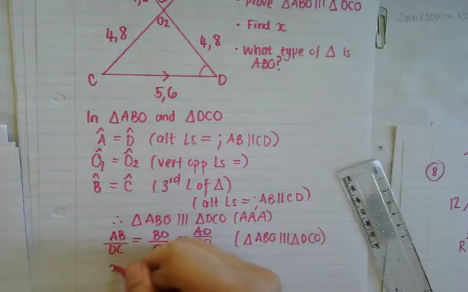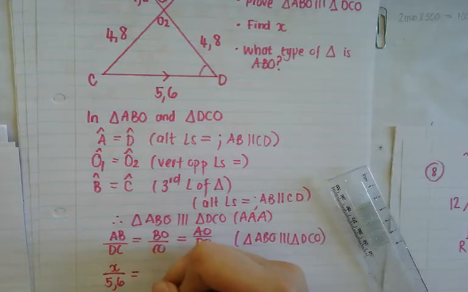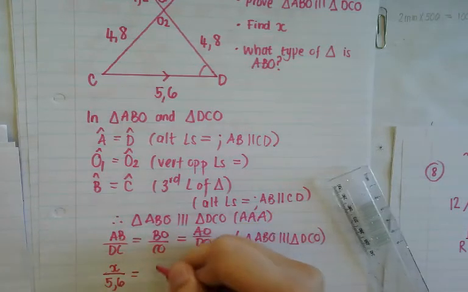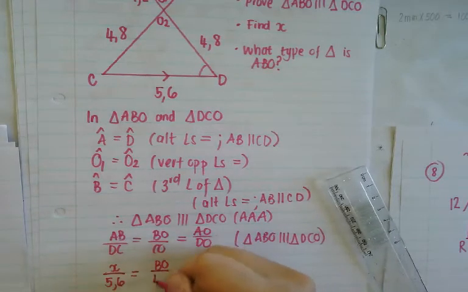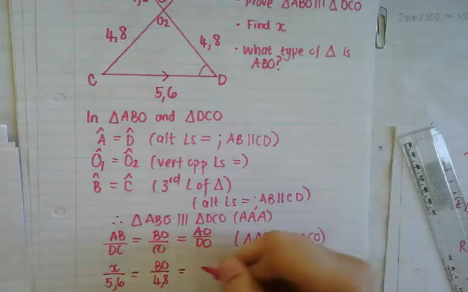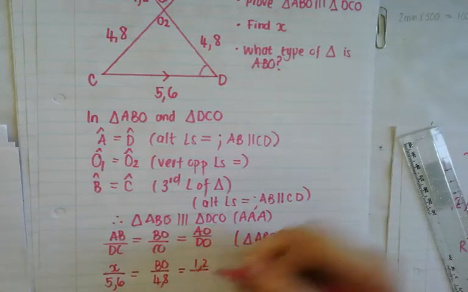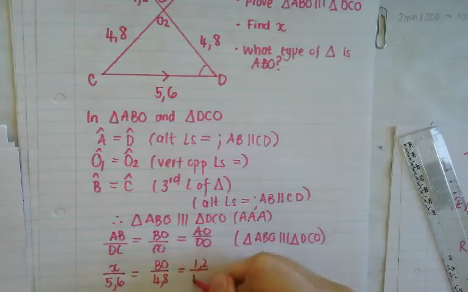AB is X, DC is 56. BO is BO, and CO is 48. AO is 12, and OD is 48.